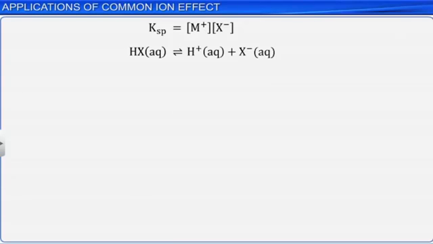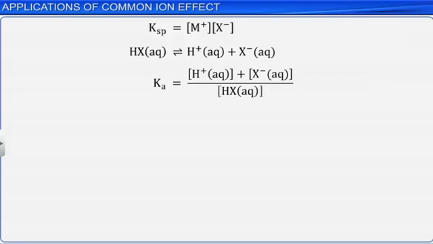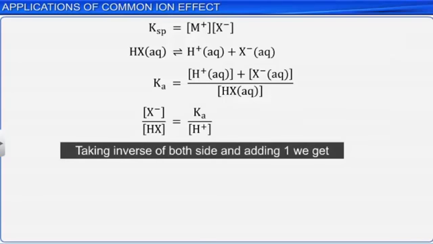Then Ka is equal to the product of molar concentrations of H+ and X- divided by HX concentration. On rearranging the equation, we get X- divided by HX equal to Ka divided by H+. Taking inverse of both sides and adding 1, we get HX divided by X- plus 1 is equal to H+ divided by Ka plus 1.